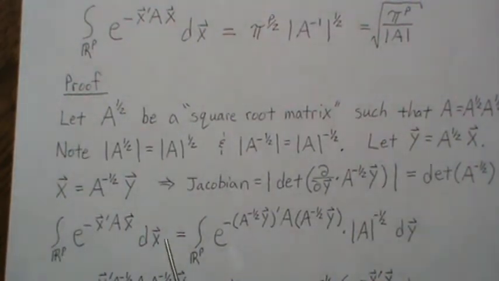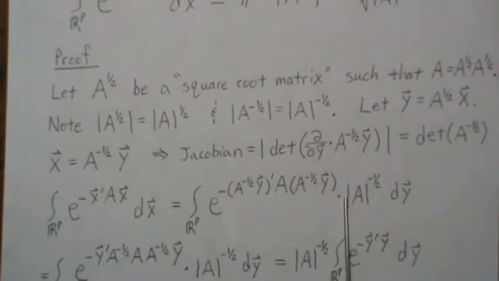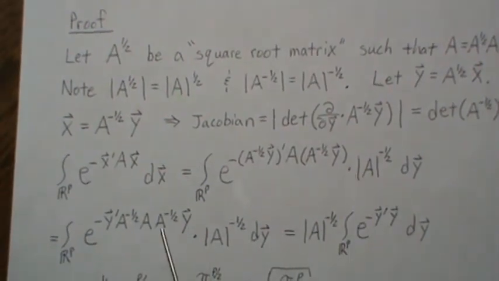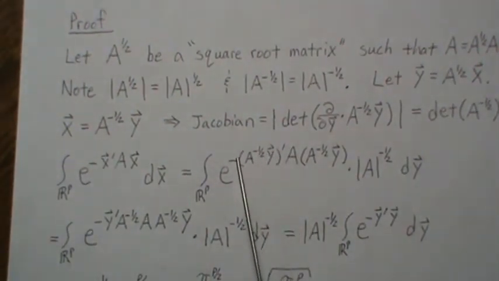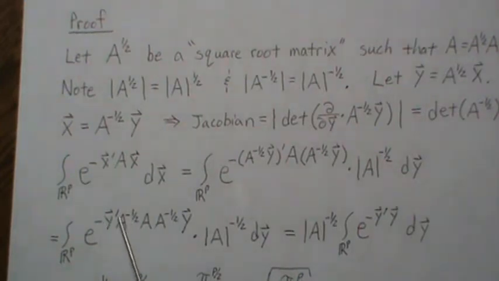So here's the original integral that we want to integrate. Let's make a variable transformation, and we plug in A to the minus 1/2 y wherever there's an x, and then this differential is the determinant of A raised to the minus 1/2, and then the differential of y, and these are vectors. Now when we take that transpose in, this is changed around.